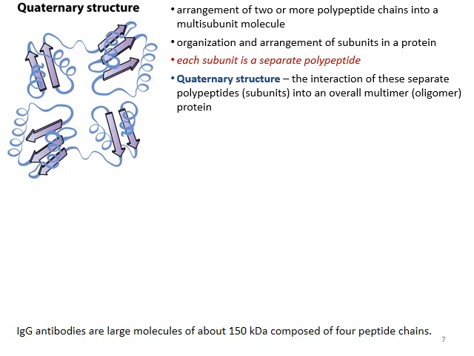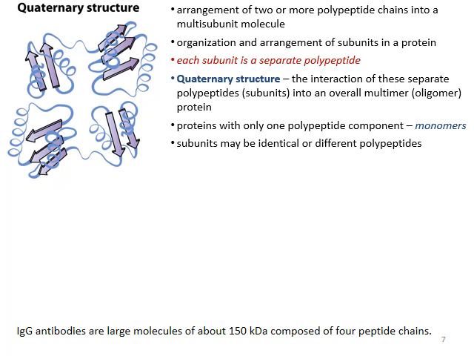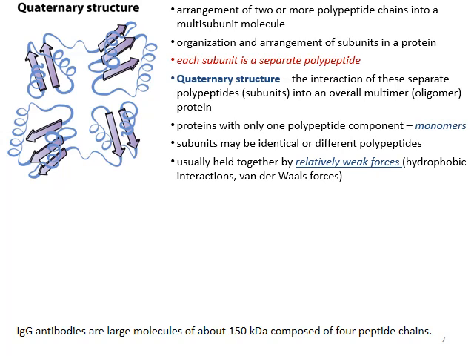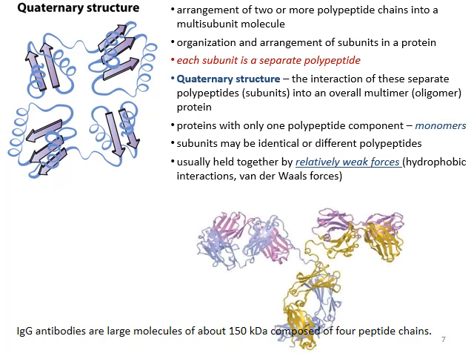And that multimer can be a dimer or a trimer or even higher quaternary structure. Proteins with only one polypeptide component are called monomers, and the subunits may be identical or they may be different polypeptides. They're usually held together by relatively weak forces such as hydrophobic interactions and van der Waals forces.